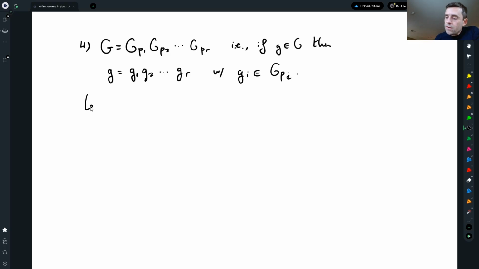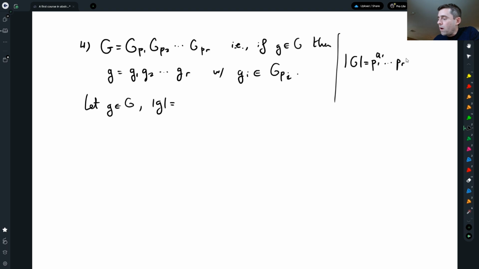So let's do that. Let g be in G with order of g. Well, remember that the order of G is p1 to the a1 through pr to the ar. So the order of g is also some product of powers like that. The order of g has to divide the order of the group, so this is p1 to the beta 1 through pr to the beta r. All right.